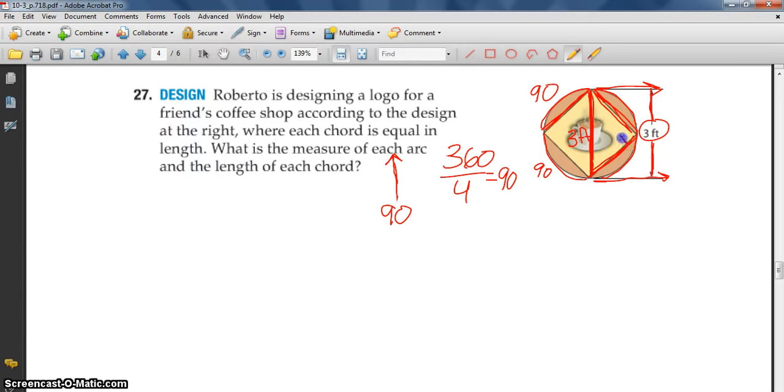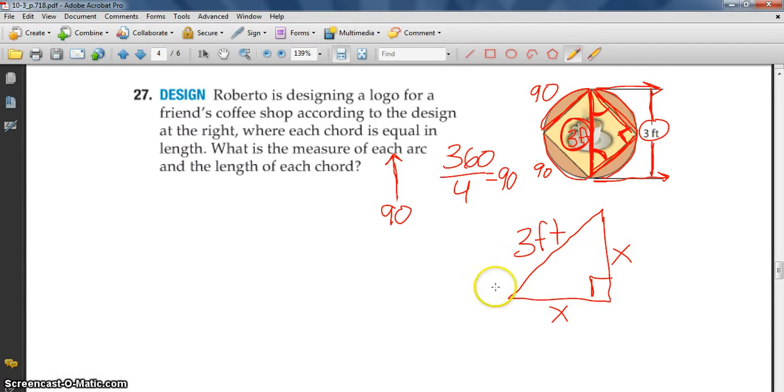Well, I know that this is a right angle, and my hypotenuse is 3 feet. These two angles have to be congruent, which means I have a 45, 45, 90. So in a 45, 45, 90 triangle, where the hypotenuse is 3 feet, and the legs are the same, to find the leg, I want to take the hypotenuse and divide it by the square root of 2.